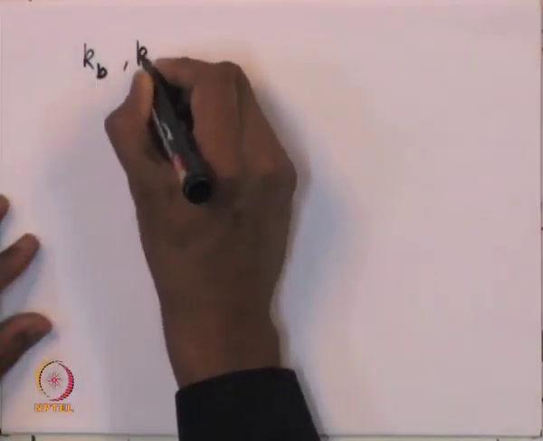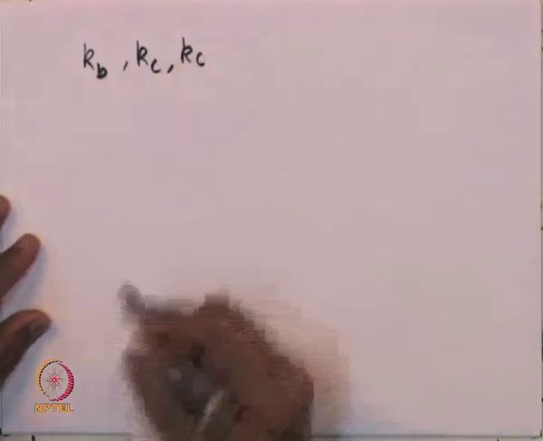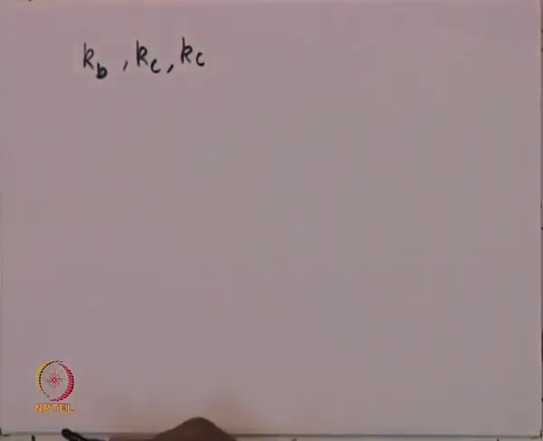Now, because it is a catalytic reaction, Kb, Kc and Ke are the corresponding rate constants for the reaction which is actually occurring in the bubble phase, cloud phase and the emulsion phase respectively.